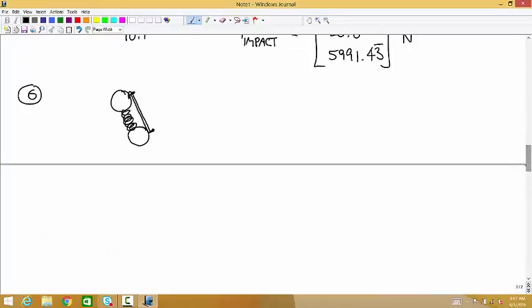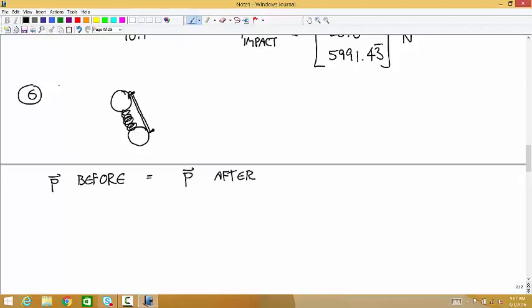So the idea here is conservation of linear momentum. Total linear momentum before the collision is equal to the total linear momentum after.